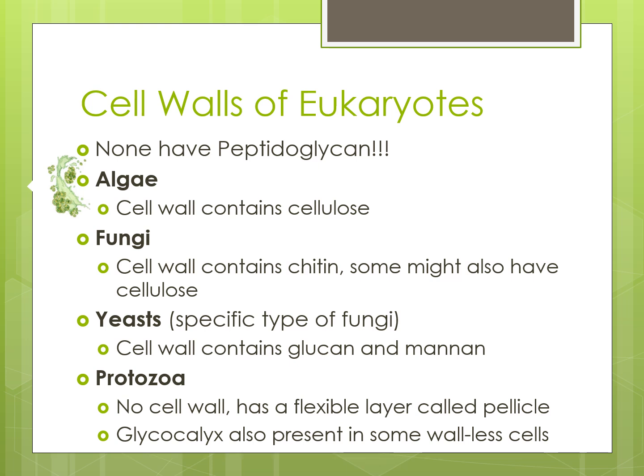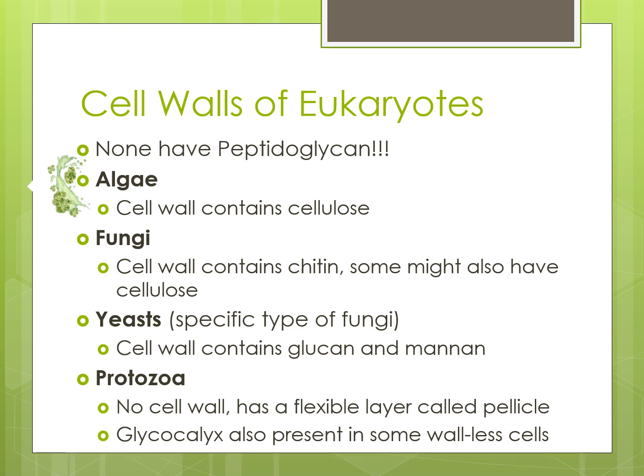So protozoans have a flexible layer called a pellicle, and sometimes a glycocalyx is also present. If you remember that guy, it's going to be the capsule that we found on prokaryotes. Other cells in eukaryotes that can have a cell wall include algae, fungi, and yeast.